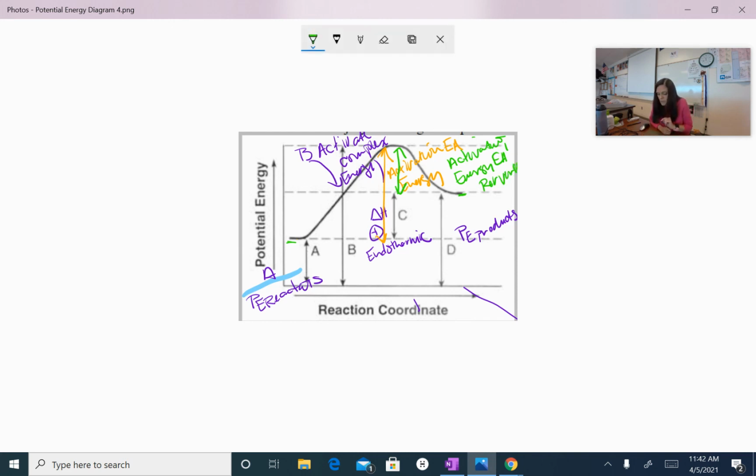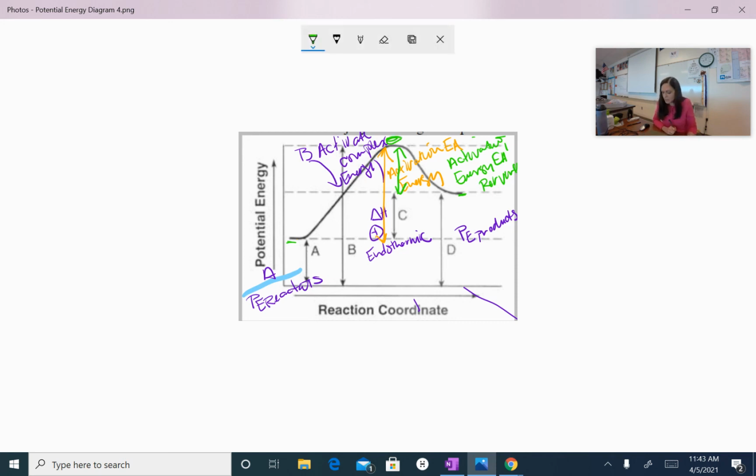Okay. So there's all kinds of things that we can get off of these energy diagrams. We can see how much energy products have. We can see how much energy reactants have. We can see how much energy a reaction takes to take place. We can see how much the activation energy is, how much force that collision has to have in order to create that activated complex, which is up here.